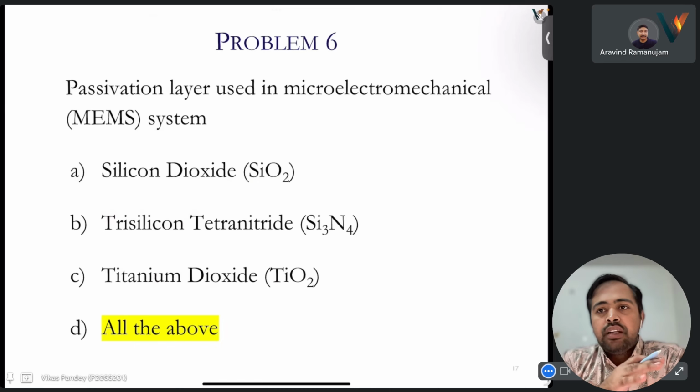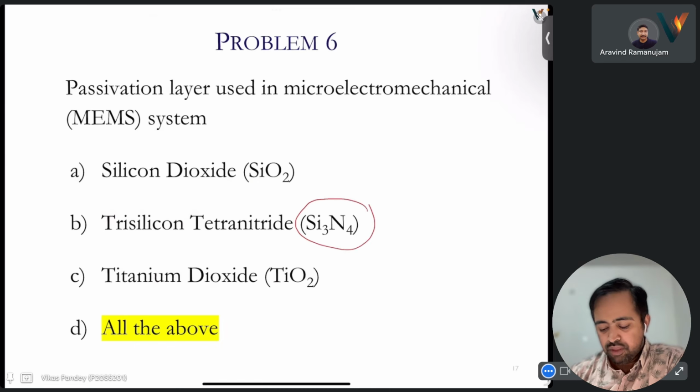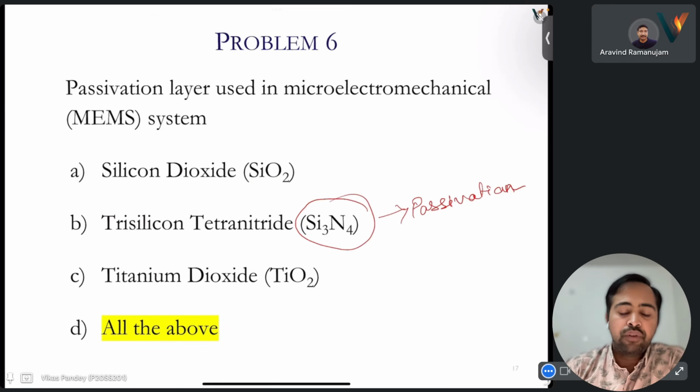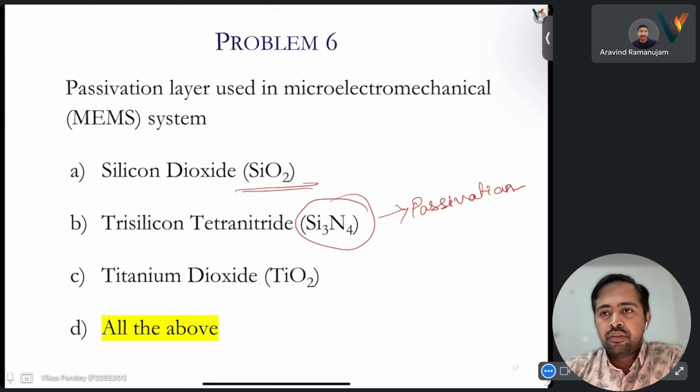Silicon nitride is the most commonly used passivation layer because it has very low thermal conductivity. Whereas silicon dioxide has good thermal conductivity. Though it will protect and insulate, it will conduct thermally well.